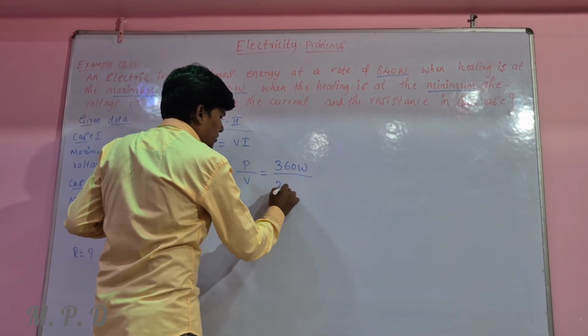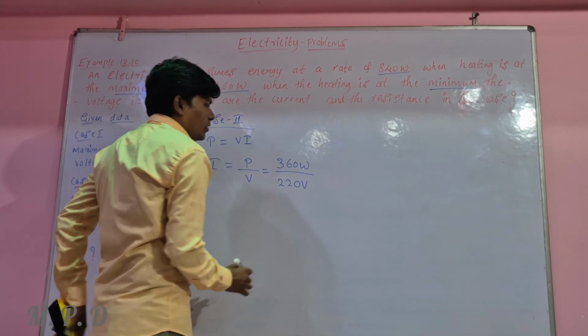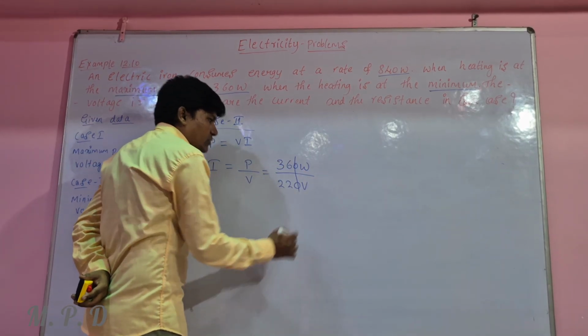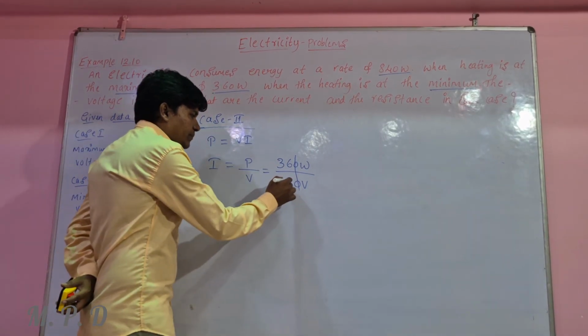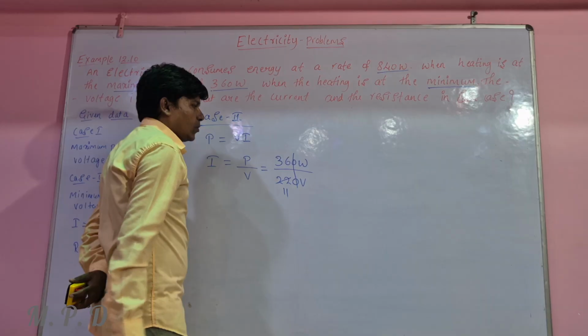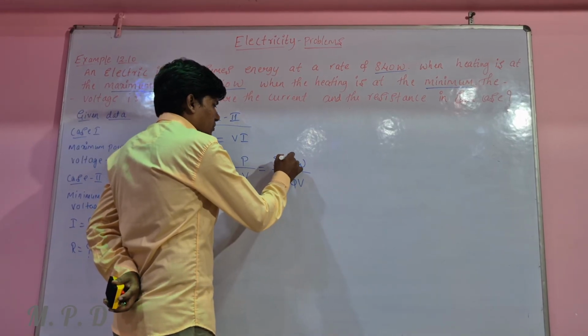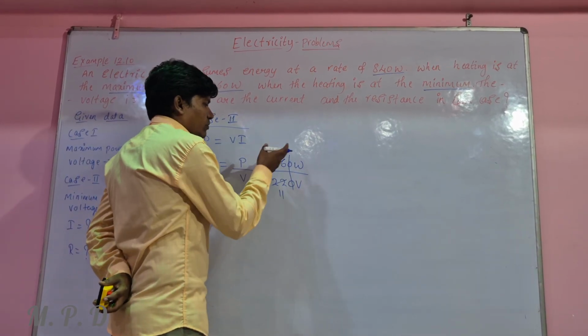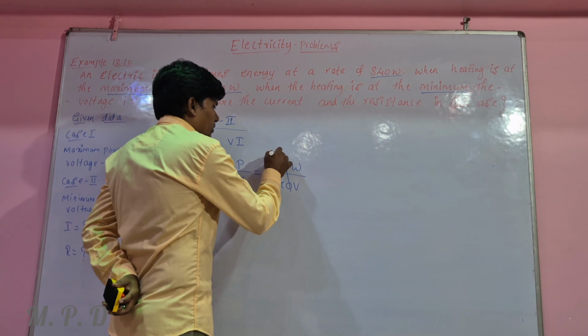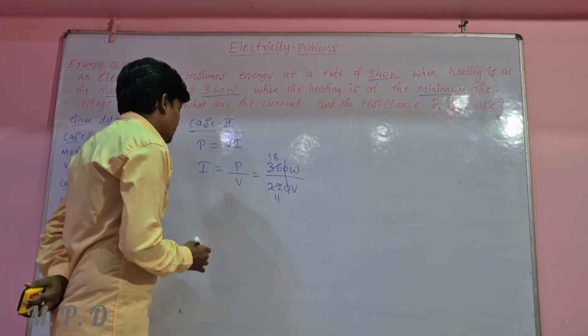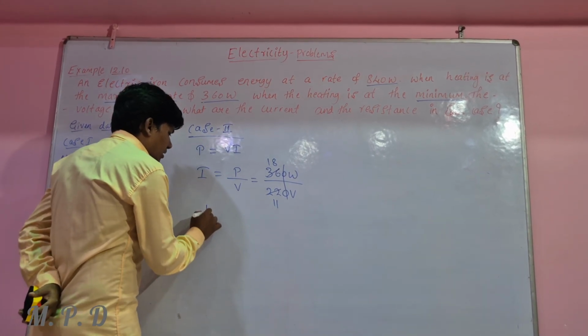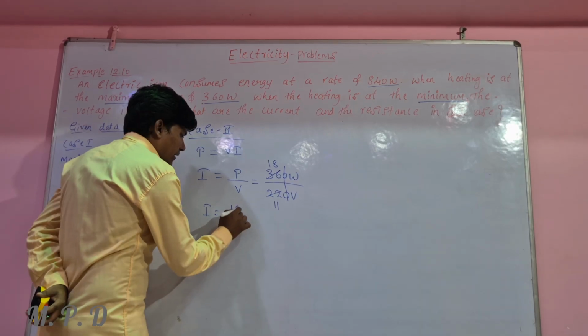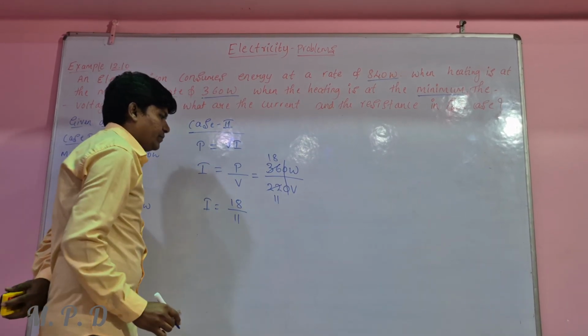How much voltage? It will be taken as the voltage 220 volt. The 0 0 is cancelled. 2 11s are 22, 2 1s are 2, so 1 will be remaining, and 2 8s are 16. And the I is equal to 18 divided by 11.